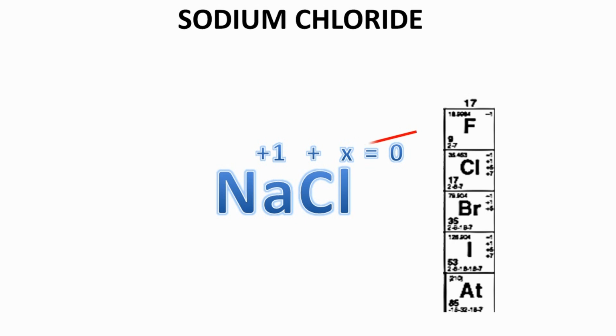Now solve for X, where +1 plus X equals 0, and X will equal -1. So simply write -1 as the oxidation number for chlorine.